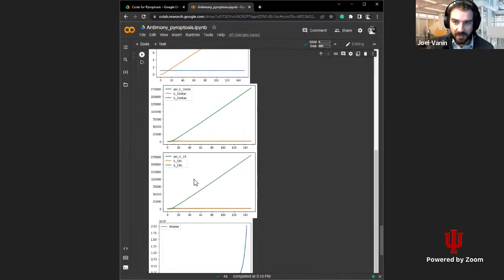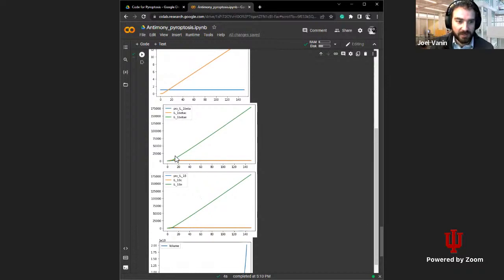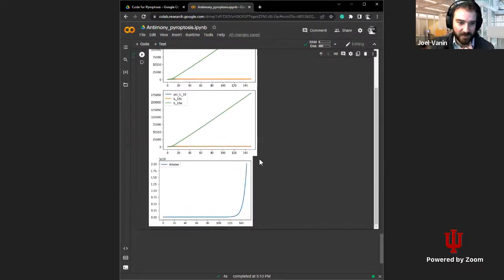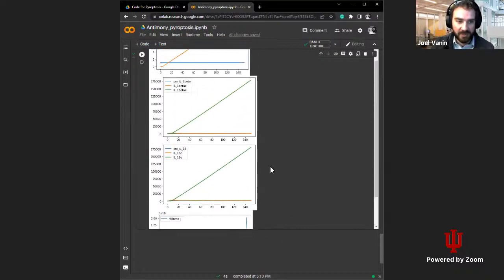And I'm stuck in this place right now, but I'm glad to see that I am able to plot these things, because it's a little bit complicated when you work with Antimony. Volume, for example, is working fine, but some other ones are not so much.